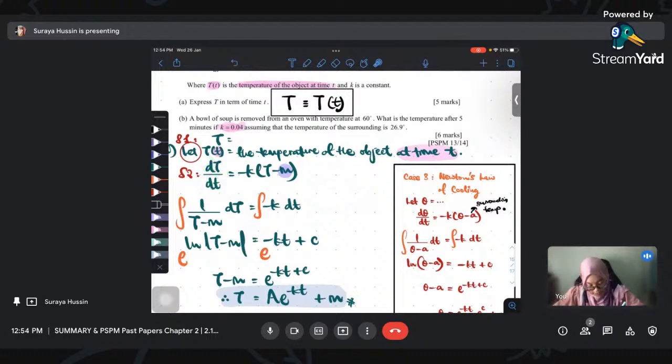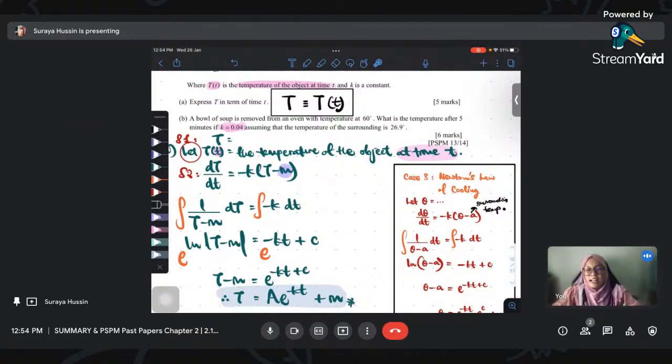perlu ada negative sign, perlu ada huruf K, perlu ada bracket. And dalam ni the difference between the temperature of object, okay, T, huruf T besar, tolakkan dengan surrounding temperature. You faham benda ni, you hafal, you memang akan okay application.